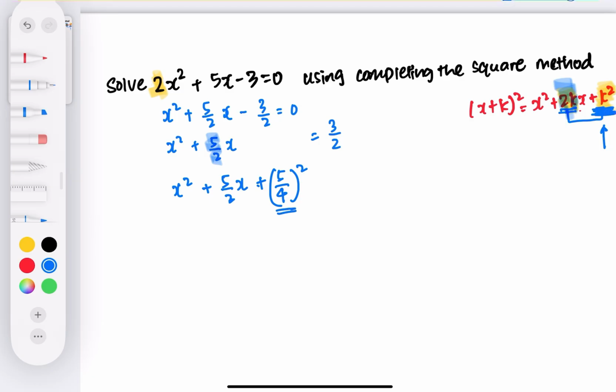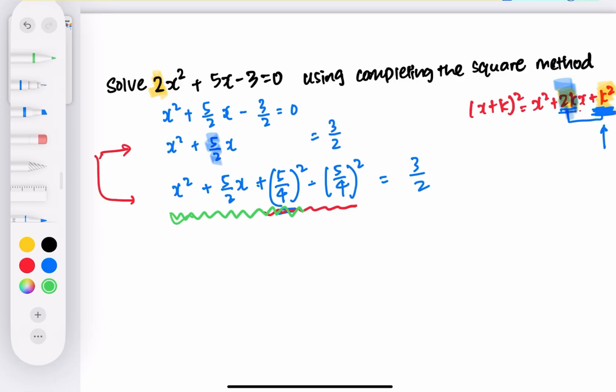Now, since we added this term, we have to subtract the term so that the equation remains balanced. So you notice here, this is a zero pair. It has no impact on this. Therefore, these two equations remain the same. Next, we know that for this one, I can rewrite it as a complete square, just like what we have here.